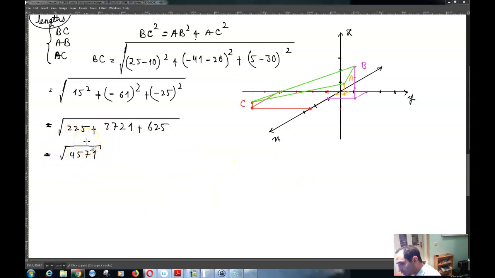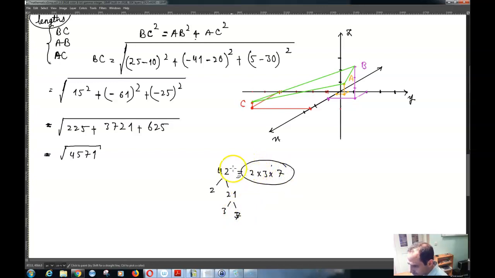For example, when you want to factorize 42, since there is an even number in the ones place, the number is divisible by 2, so you write it as 2 times 21, and 21 is 3 times 7. So 42 is 2 times 3 times 7, and that is the prime factorization of this number.